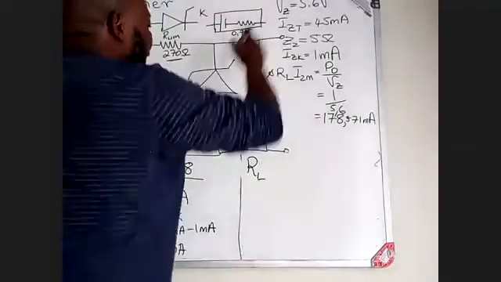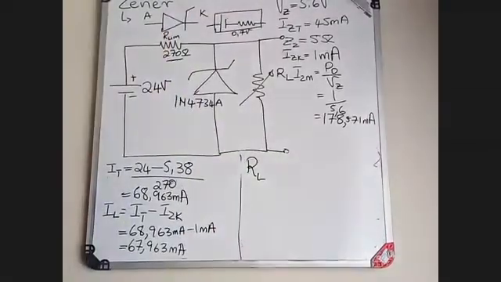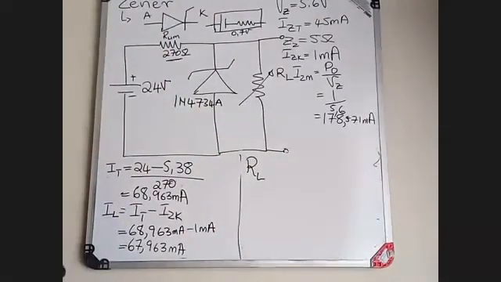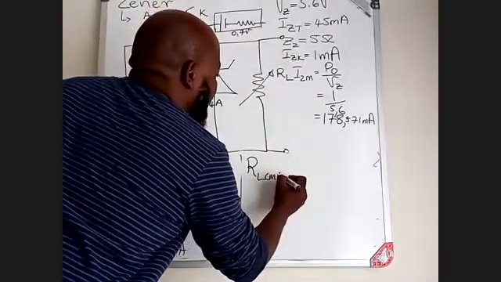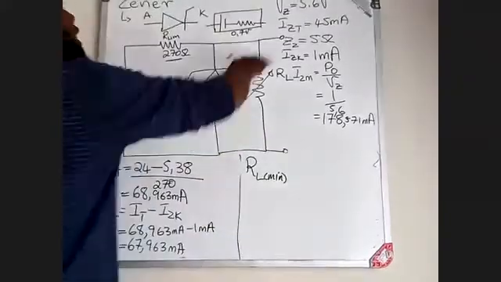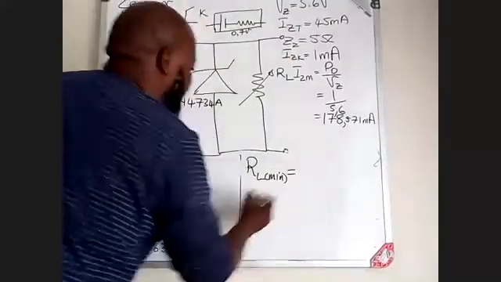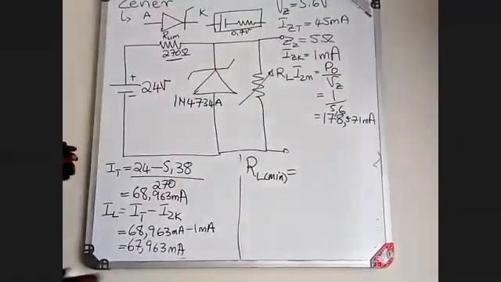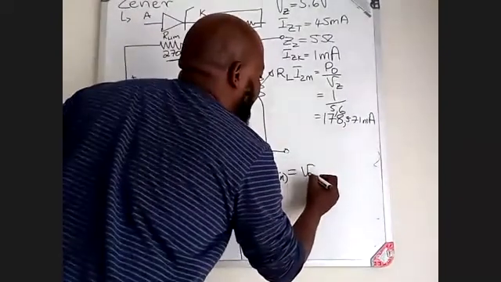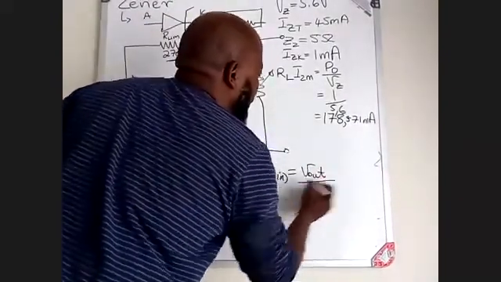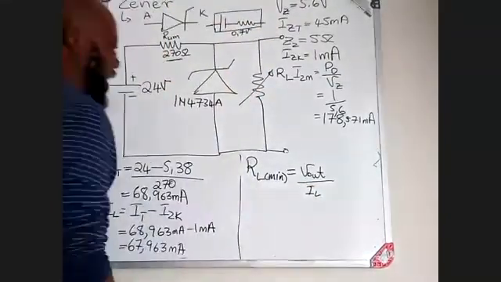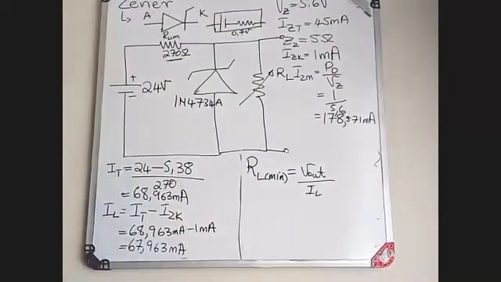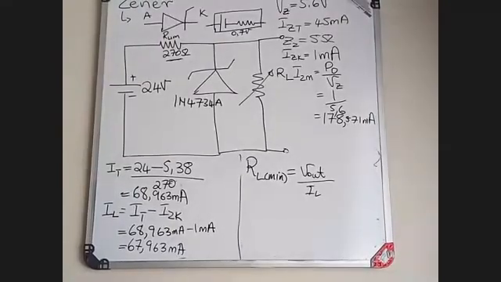It is the minimum load resistor, so that you can have that voltage there. Then your RL will be given by your V out over your I L.